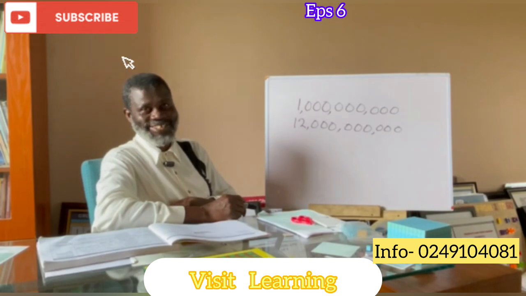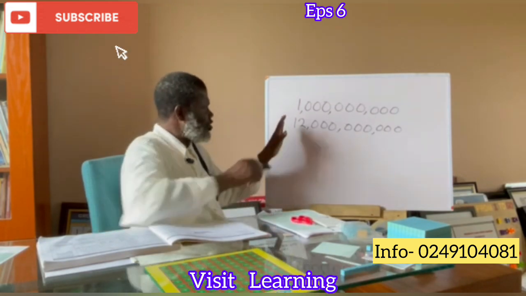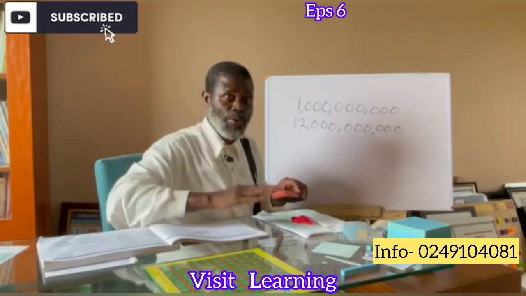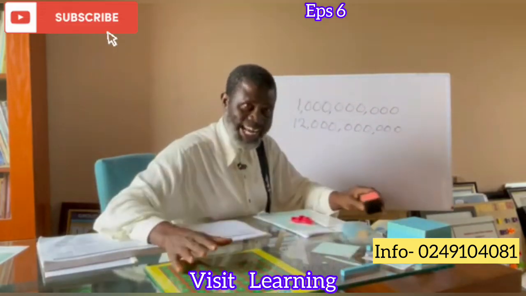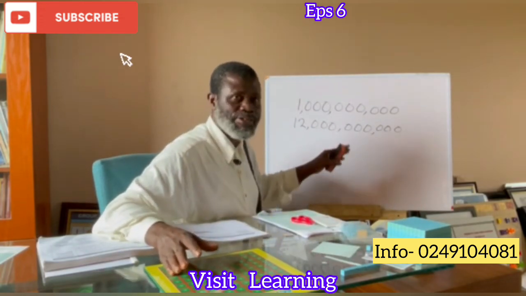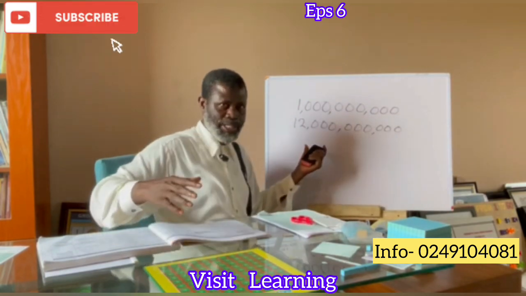If it were cedis, Ghana cedis, it would be very interesting to count. So ladies and gentlemen, this is what we are using to make you get an idea of what we are supposed to do. If learners are supposed to model numbers above 1 billion, this is what we expect.